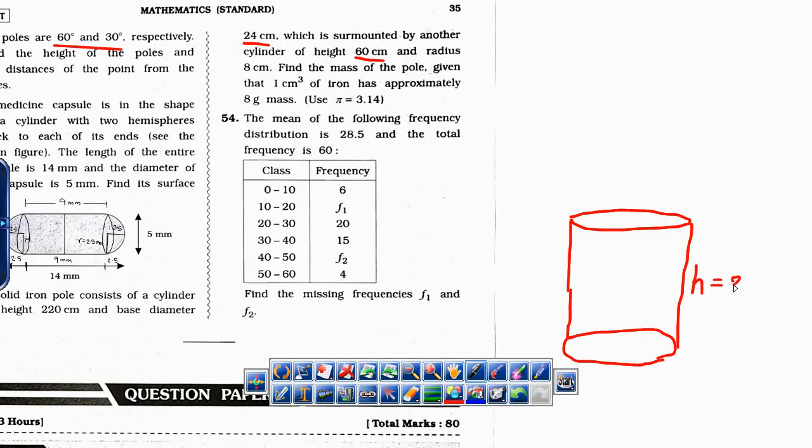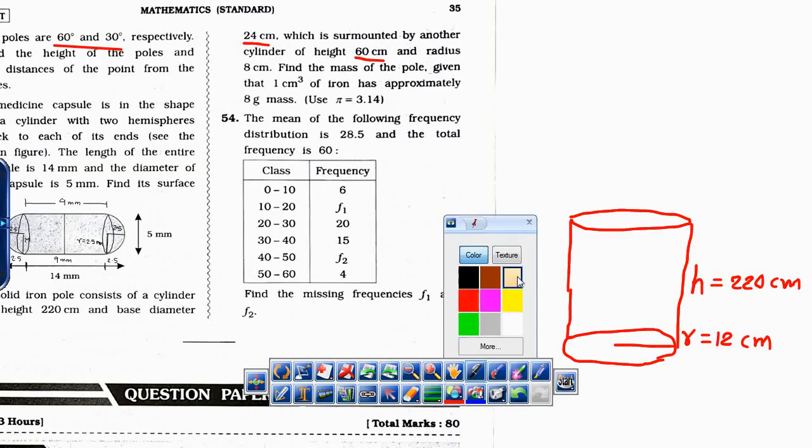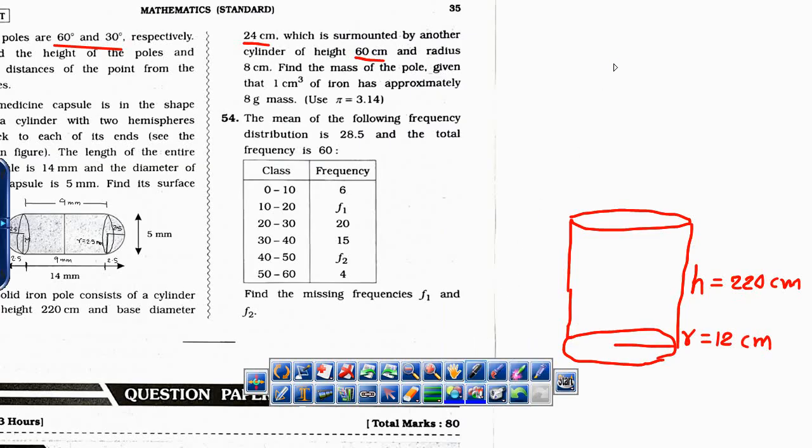Height 220, radius 12 because diameter is 24, and this particular cylinder is surmounted by another cylinder on top of it.